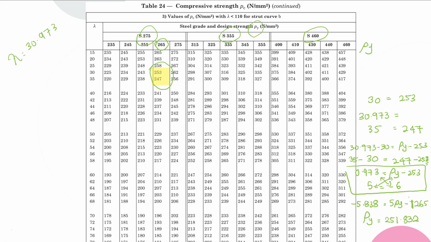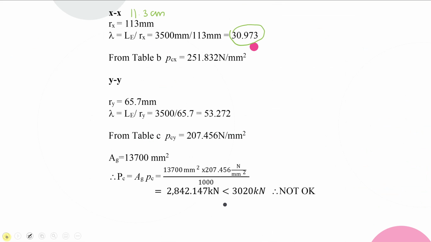I'm sorry. You must be confused with me. Okay, so here is PC actually. PC, the compressive strength. Sorry guys. This is what we're going to find. Okay, yang kita nak cari. So PC is 251.832.